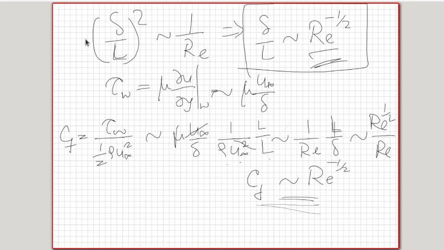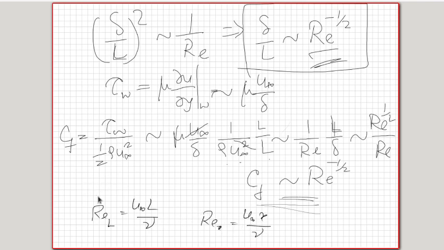So at any x, delta of x by x goes as Re_x to the power of minus half, where the Re here is u infinity L by nu. If I write it with respect to x, Re_x is equal to u infinity into x by nu.